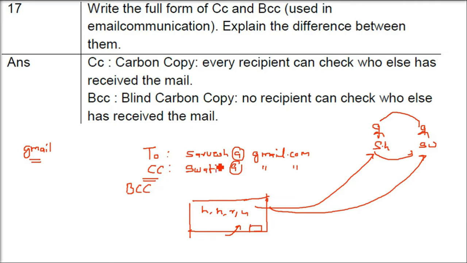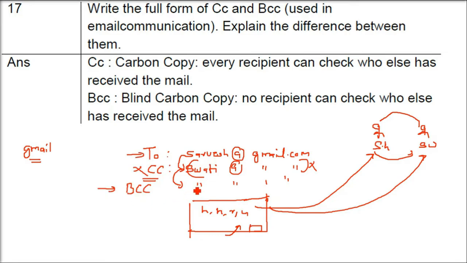Now coming to BCC. You want to send the same mail to Sarvesh and Swati, but you don't want Sarvesh to see Swati and Swati to see Sarvesh. So you change this. You don't write Swati in CC, but her email will be put in the BCC text box.